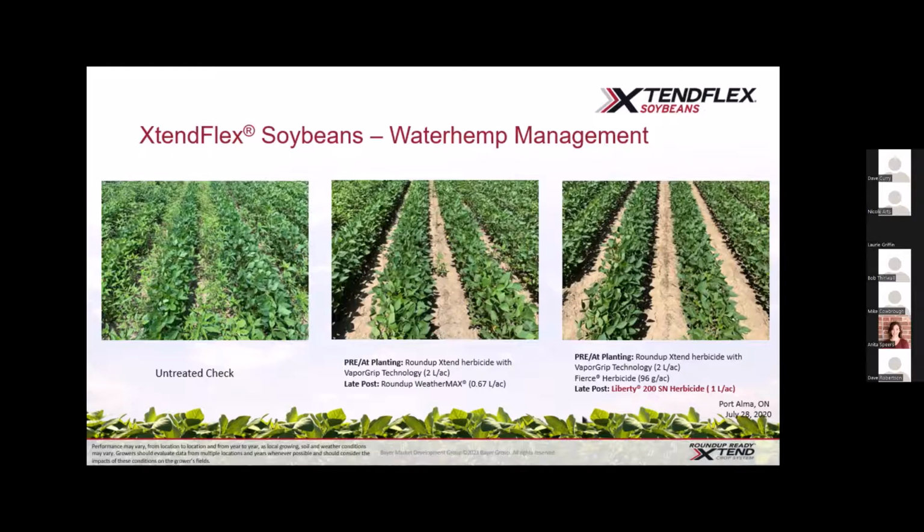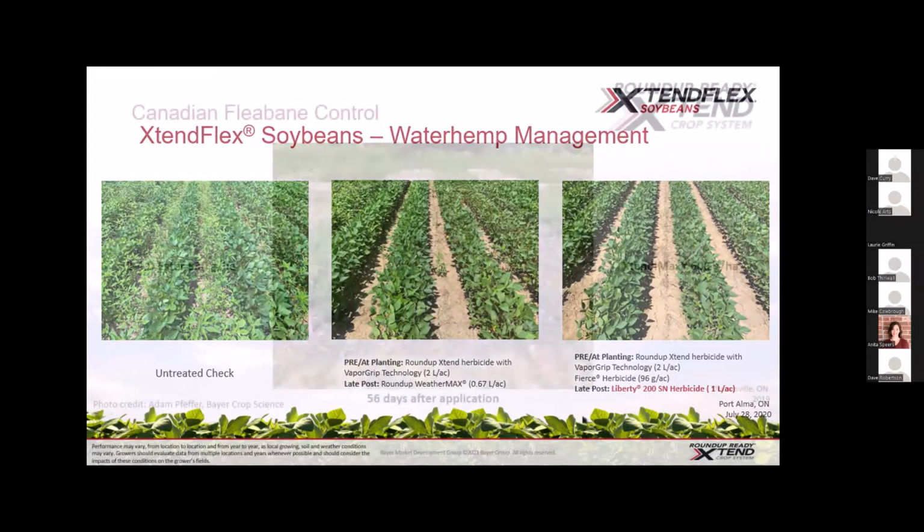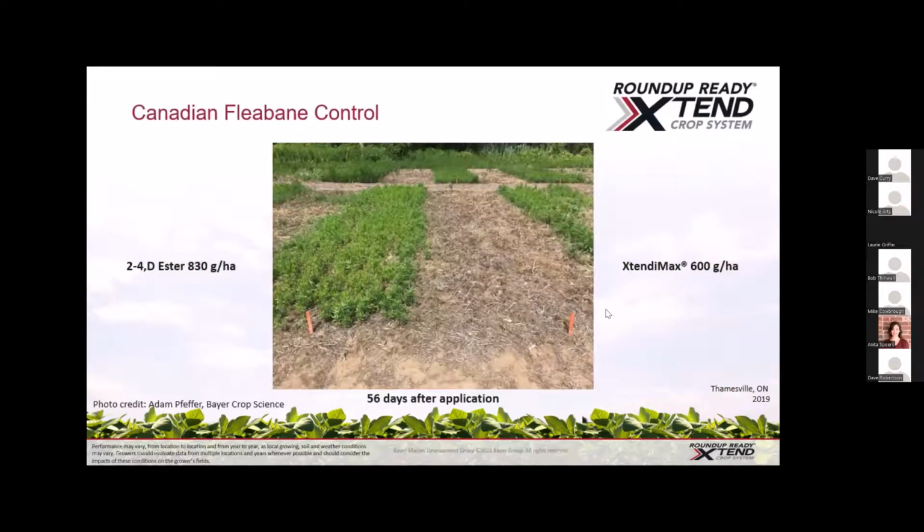Liberty is registered up to the R1 stage, so that's early flower, in that post-herbicide application timing, and can be quite effective if we get a good sunny day and a hot day. Liberty can be quite effective on those smaller water hemp plants. So it's just another tool in the toolbox to give us another different mode of action to control some of those tough to kill weeds.